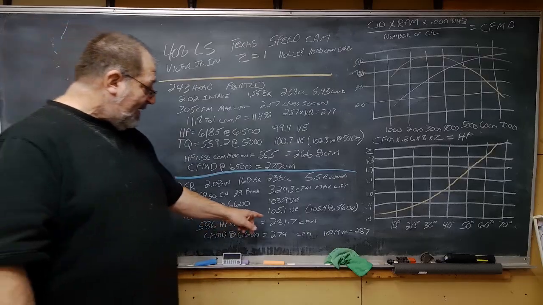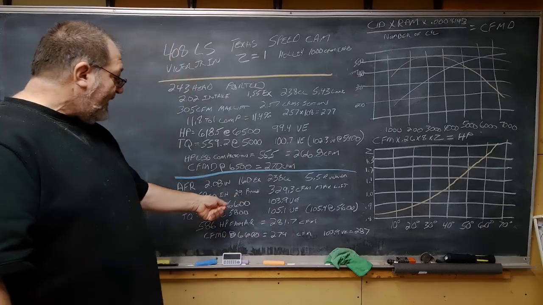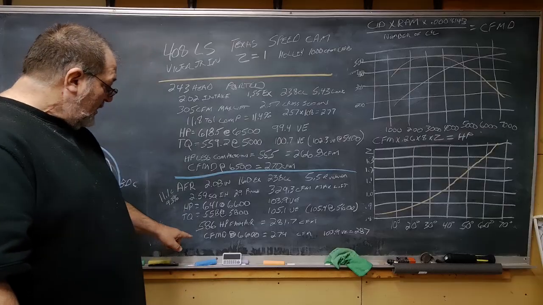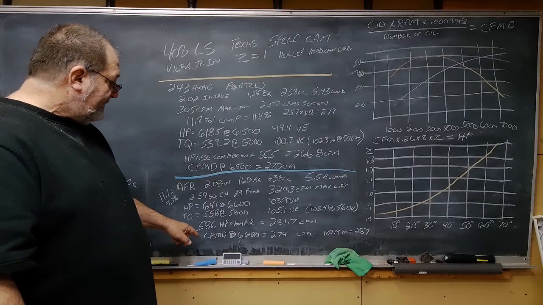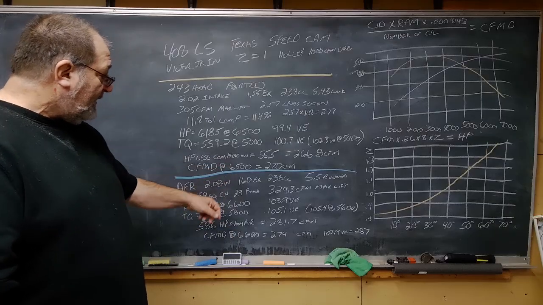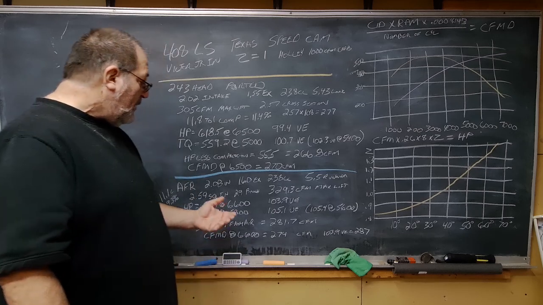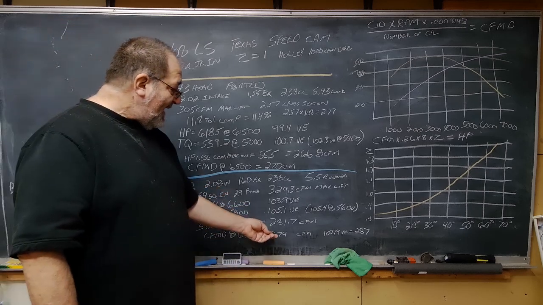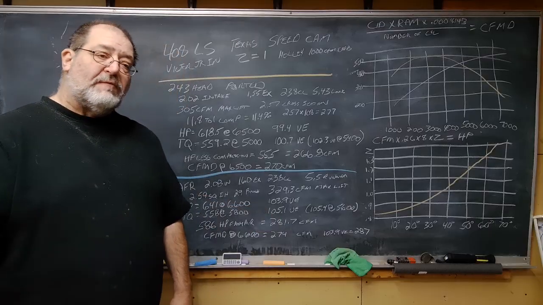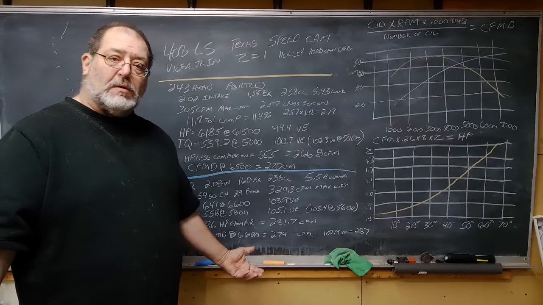That comes out to about 281.7 CFM. Now we went up 100 RPM. And so the CFM demand at 6,600 instead of 6,500 is now 274. And so that demand is lower than the horsepower we made from CFM, from air.